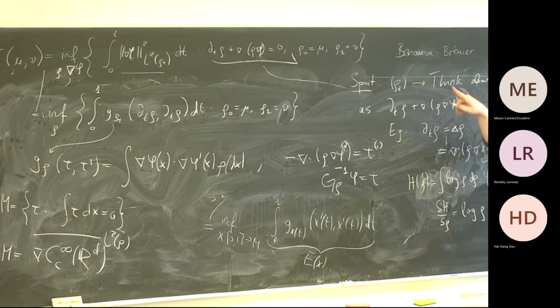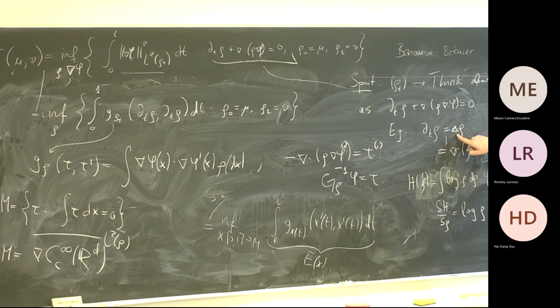So this spirit means that we should always think of these equations in this form. And furthermore, when we want to go to gradient flows, it tells us what this phi should be if we want to make a gradient flow. So in particular, if we have the entropy, then somehow the statement is we need to compute this type of functional derivative, and we plug it here, then we get back to the heat equation.